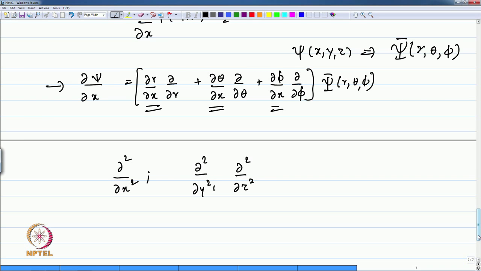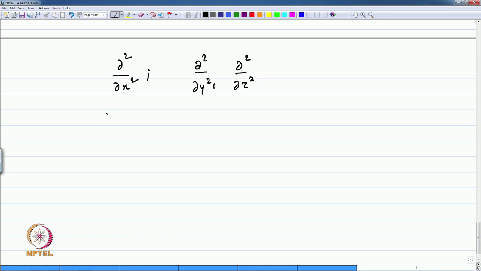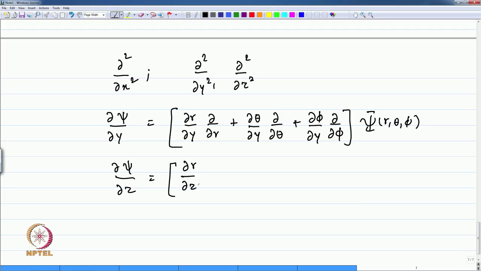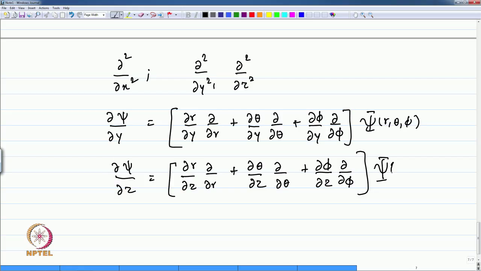Okay. Therefore, let me summarize this particular part of the lecture with the corresponding expressions, namely ∂ψ/∂y as ∂r/∂y ∂/∂r plus ∂θ/∂y ∂/∂θ plus ∂φ/∂y ∂/∂φ acting on the wave function ψ of r, θ and φ, and similarly ∂ψ/∂z as ∂r/∂z ∂/∂r plus ∂θ/∂z ∂/∂θ plus ∂φ/∂z ∂/∂φ acting on the wave function ψ of r, θ, φ.